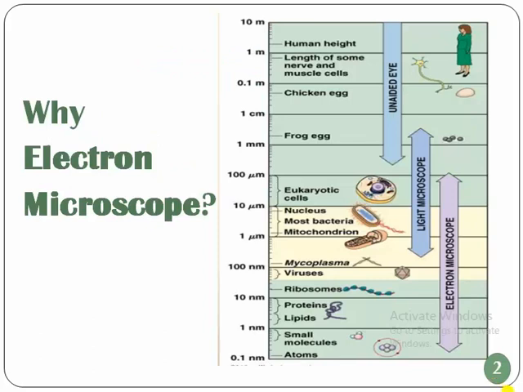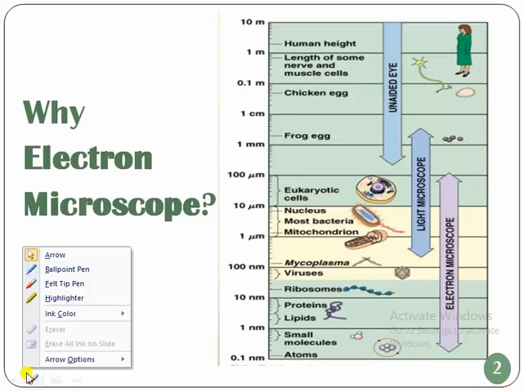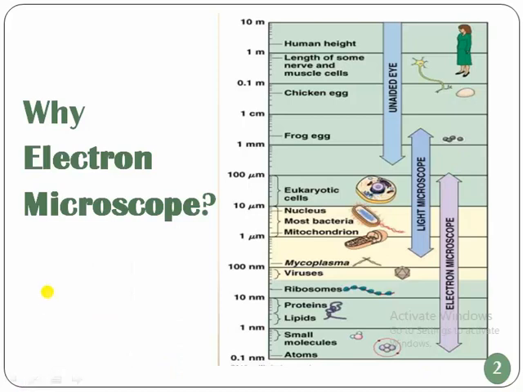So my first question is, why electron microscope? Now as we know, there are two types of microscope, optical and electronic. So now we should know why there is a need of electron microscope.